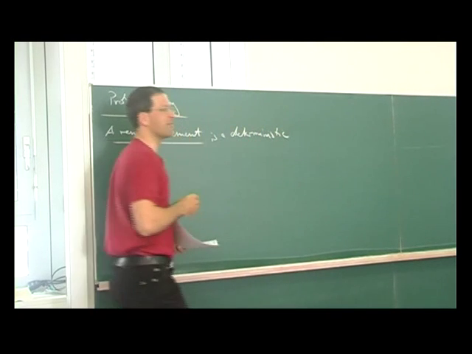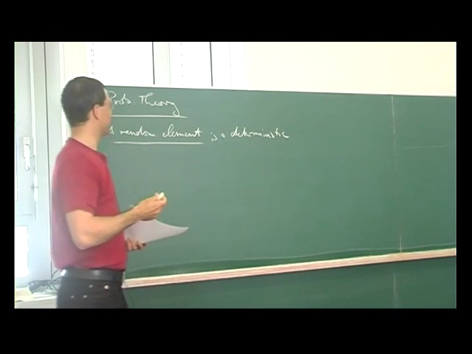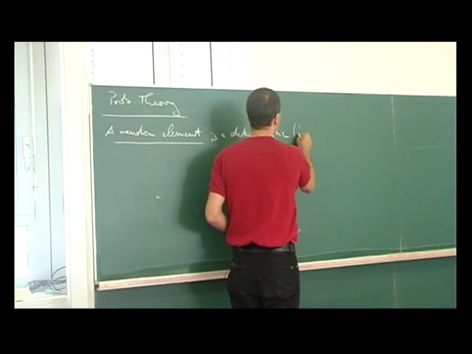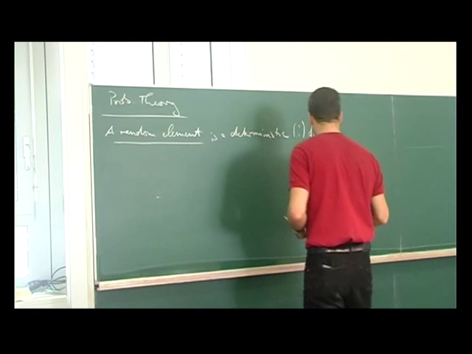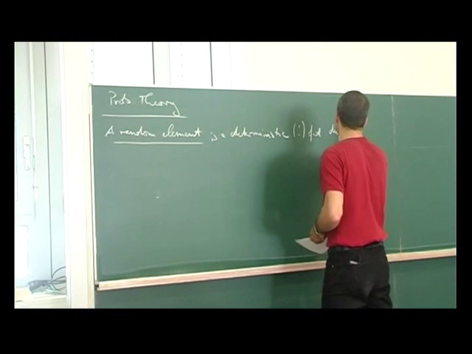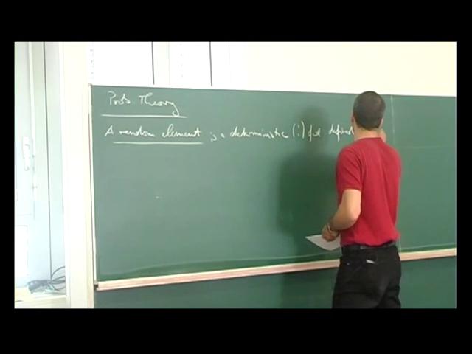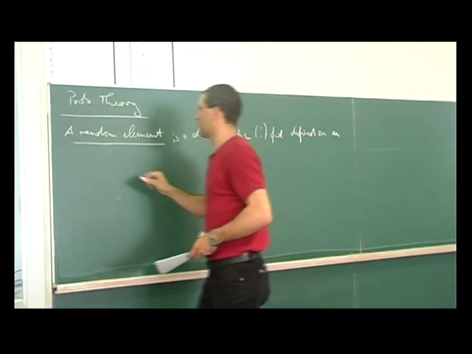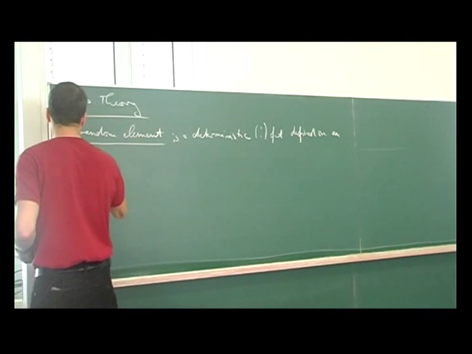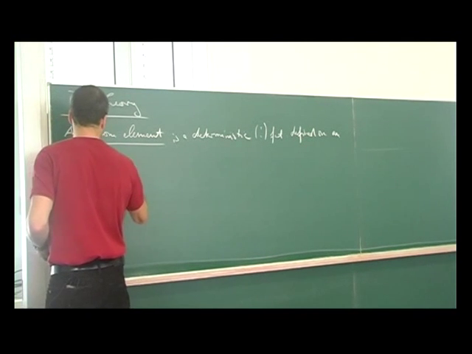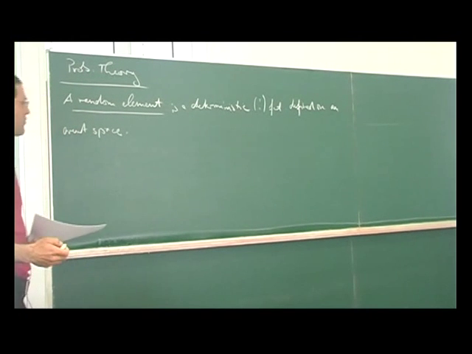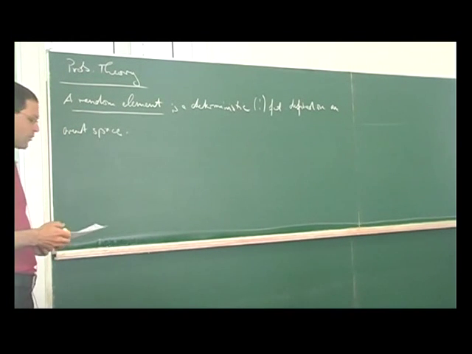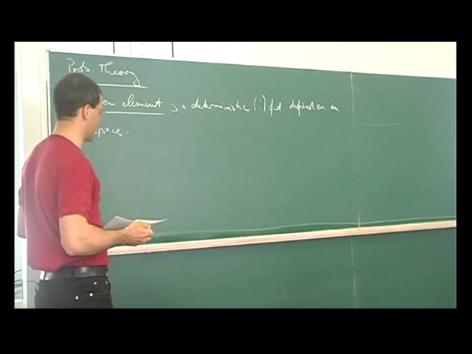That's why the name is a little bit infelicitous. So it's a deterministic function defined on an event space, and it is a function that depends on the outcome of a random experiment.